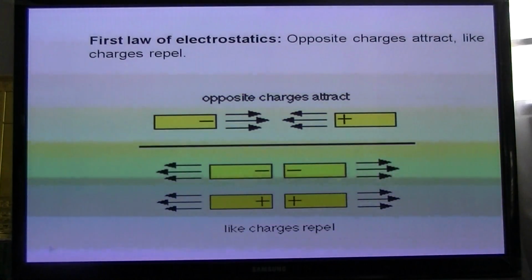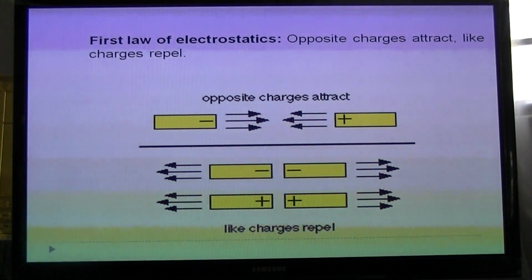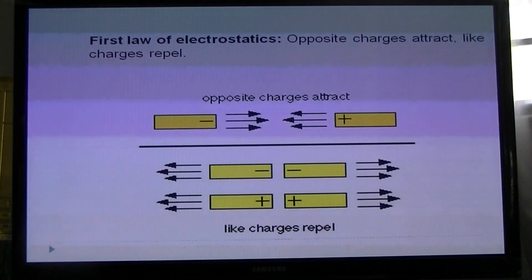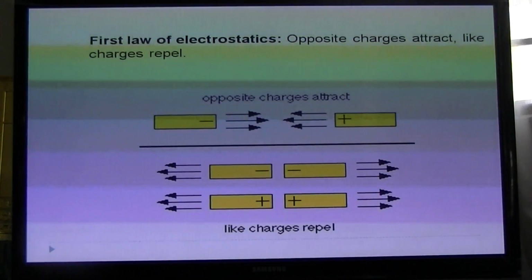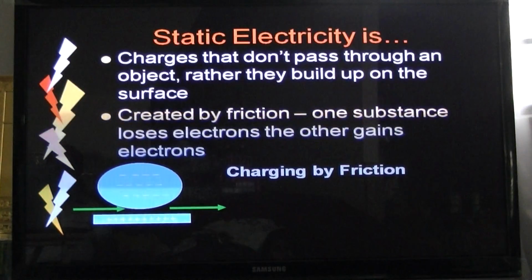If you have two negatives, they repel, and two positives repel. So like charges repel, opposite charges attract. An interesting experiment to try is to take a magnet and bring it close to the water, and the water will bend. The water will bend because of the electricity, the charges, the static electricity.